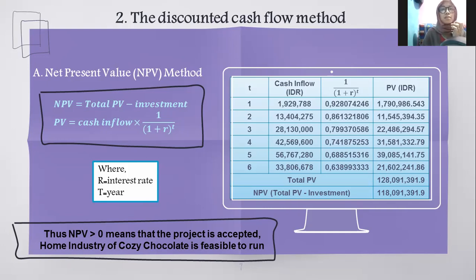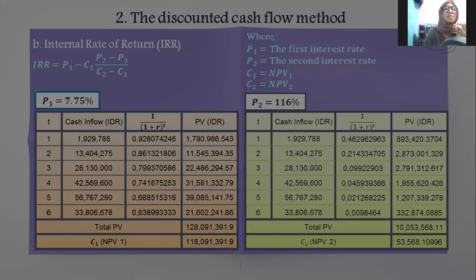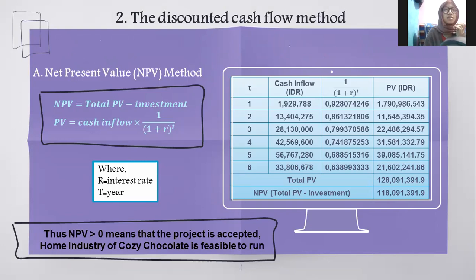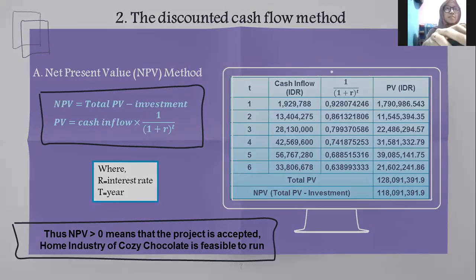Then we get NPV equal to 118 million 391,9. Thus, NPV is greater than 0. It means that the project is accepted. Home industry of cozy chocolate is feasible to run. Next.